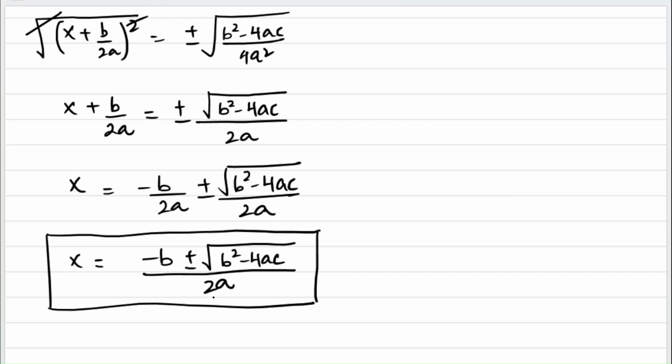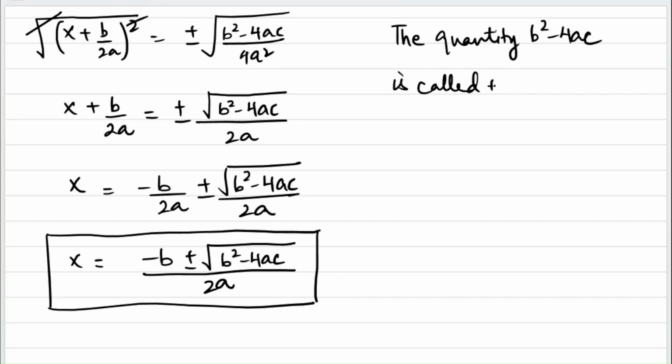Now this b square minus 4ac, the quantity which is coming under the square root, is called the discriminant. The quantity b square minus 4ac is called the discriminant and it is denoted by the symbol delta.